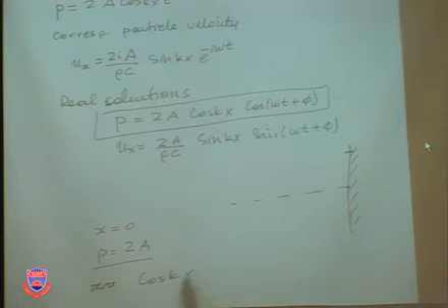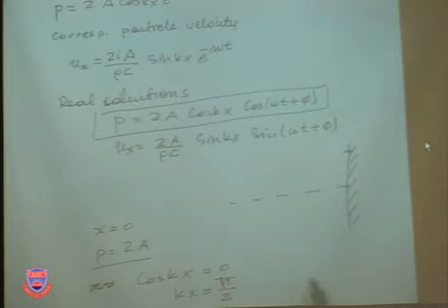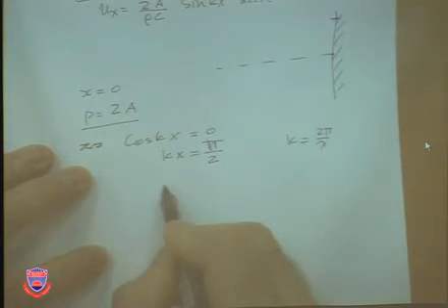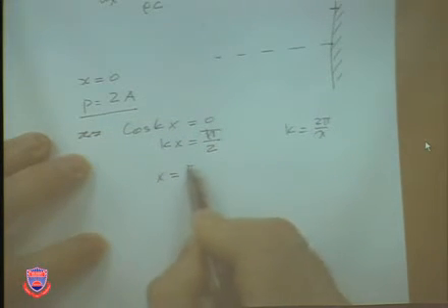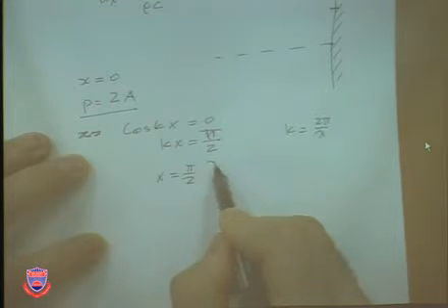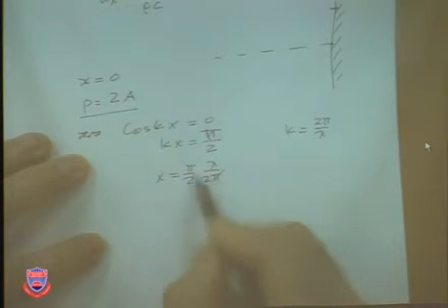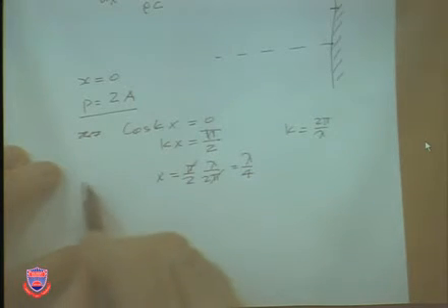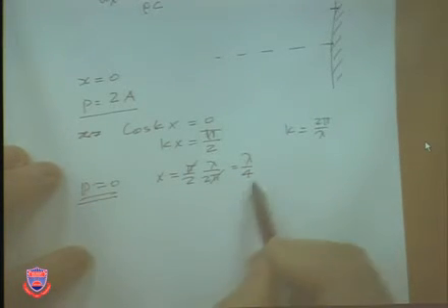To make cosine kx 0, kx the first time would be pi over 2, and k is... okay. So pressure is 0.